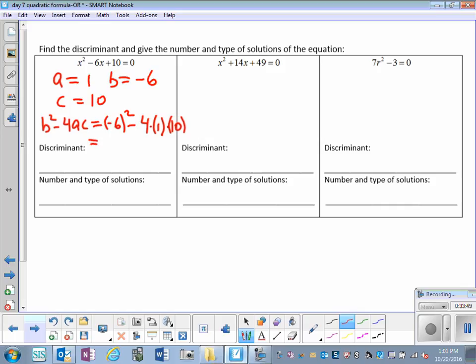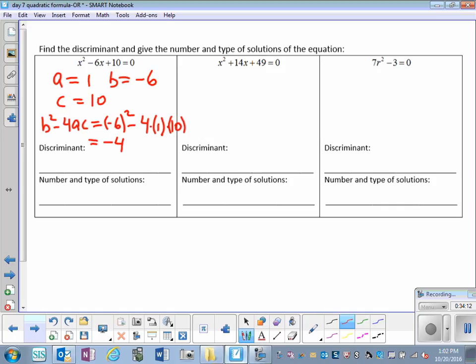I got 26. How did you get 26? I have 36 minus 40. Oh, I forgot the 4. Make sure you put the parentheses in, and then into the calculator, especially when there's a square root and negative numbers. So negative 4.